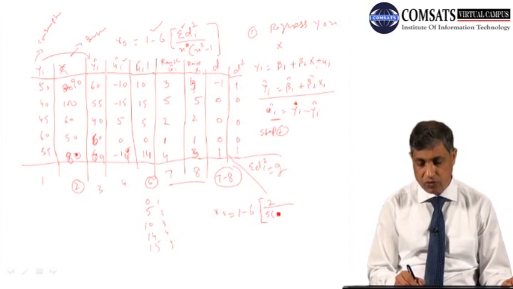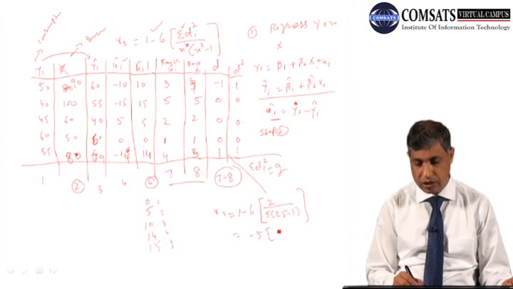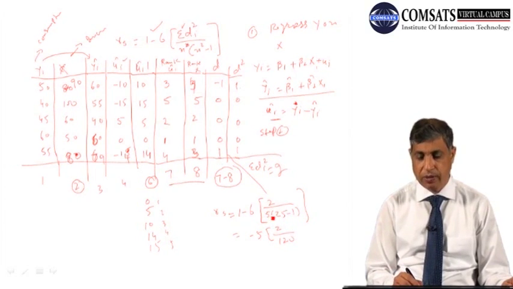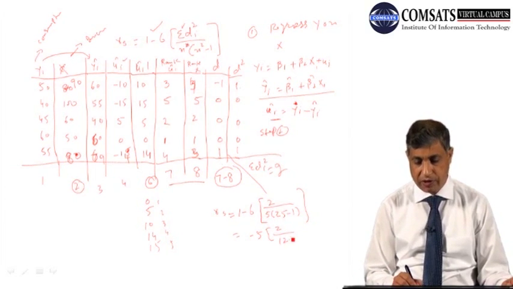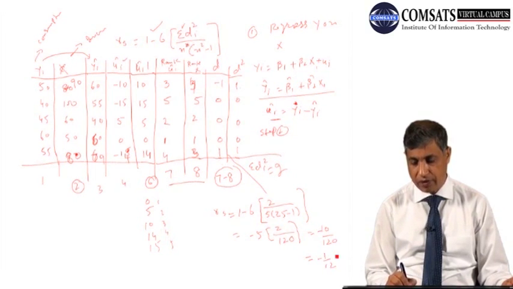So 5 into 5 square, 25, minus 1, this will become minus 5, and this will become 2 over 120. This will become 24, and when we multiply 24 by 5, it will become 120. So it will become equal to minus 10 over 120, and this will become minus 1 over 12.